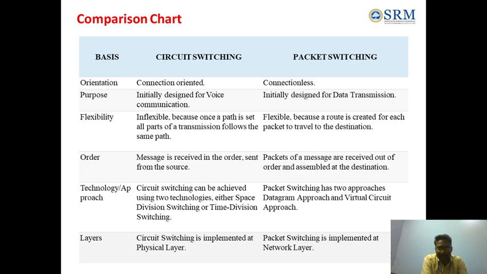In packet switching, the datagram approach and the virtual circuit approach are used. Circuit switching operates at the physical layer, and packet switching is implemented in the network layer. So that's all about the packet switching network. Thank you.